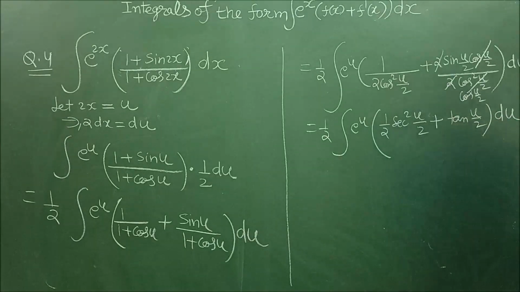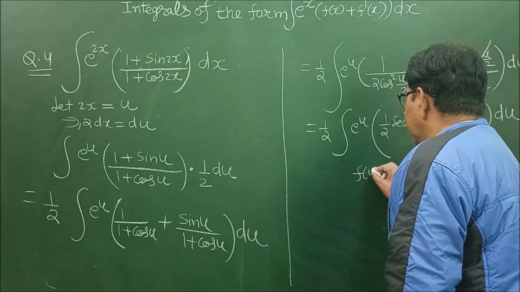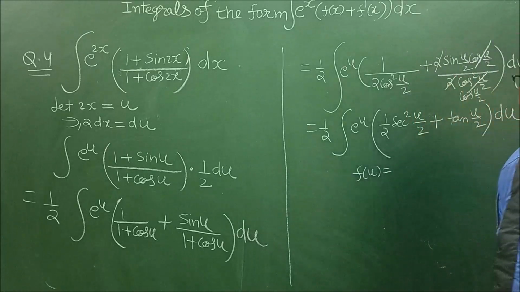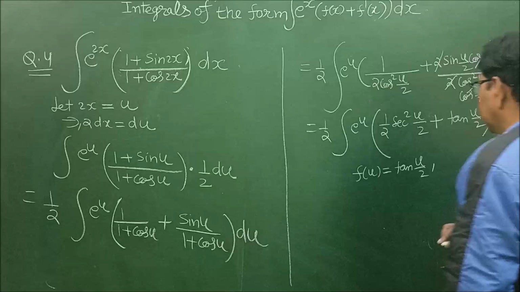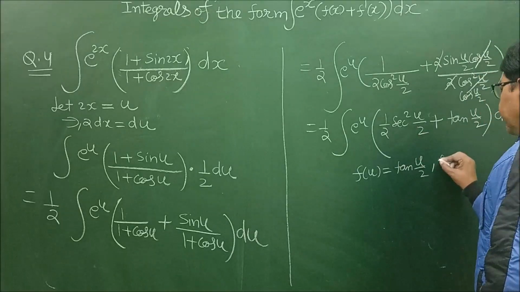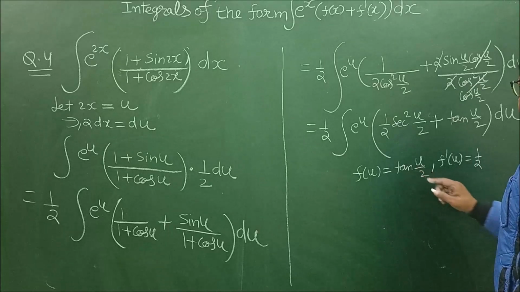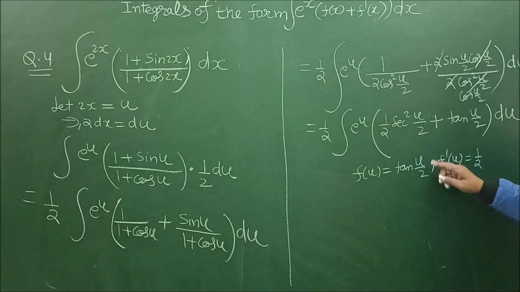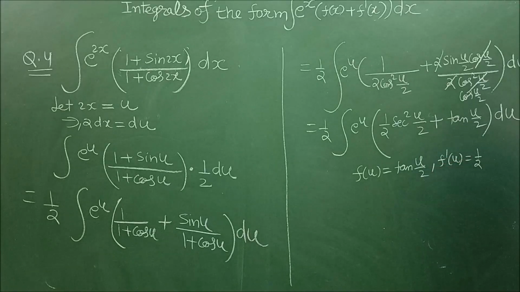Now if I take this function as f(u) is equal to tan u by 2, then the derivative is f'(u) is equal to half sec square u by 2, since the derivative of tan u by 2 is sec square u by 2, and derivative of u by 2 is half.